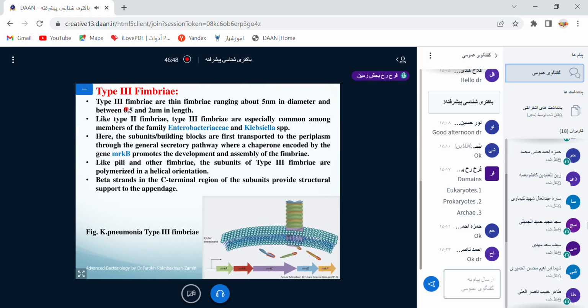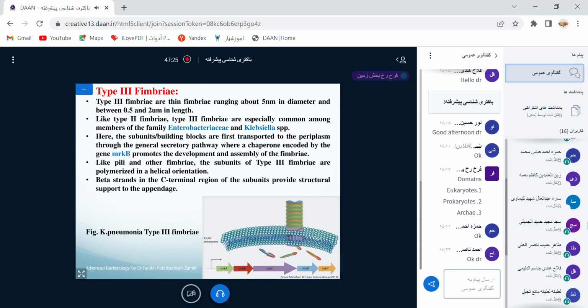Type 3 fimbria. Type 3 fimbria are thin fimbria ranging about 5 nanometers in diameter and between 0.5 and 2 micrometers in length. Like type 1 fimbria, type 3 fimbria are especially common among members of the family Enterobacteriaceae and especially Klebsiella.